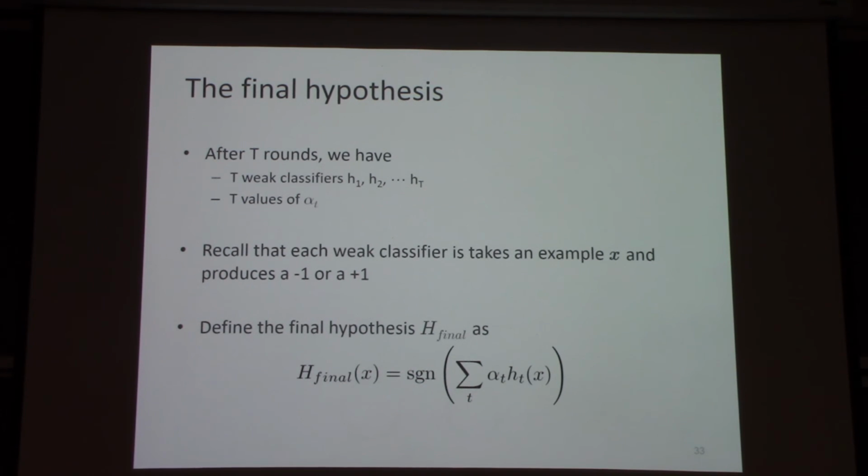After running this for T steps, we have T weak classifiers, h_1 through h_T, and T values of alpha, alpha 1, alpha 2, and so on, because we've just computed them. Each weak classifier takes an example and produces either a +1 or a -1, because it's a classifier. The final prediction, according to AdaBoost, is the sign of the sum of alpha times the prediction of each of the weak classifiers. It's the sign of the weighted average of the predictions.